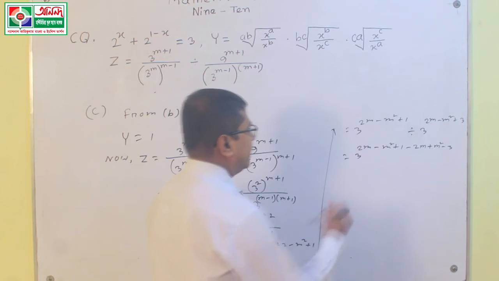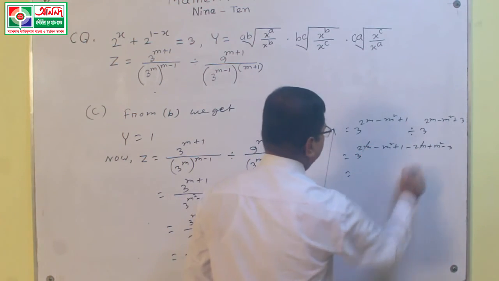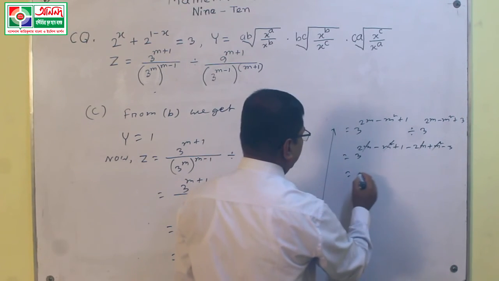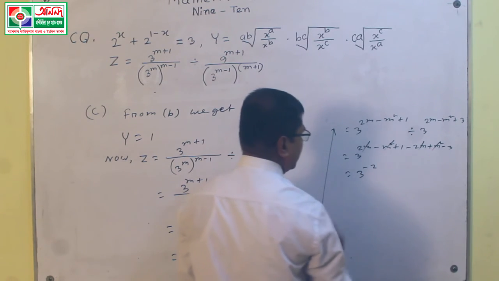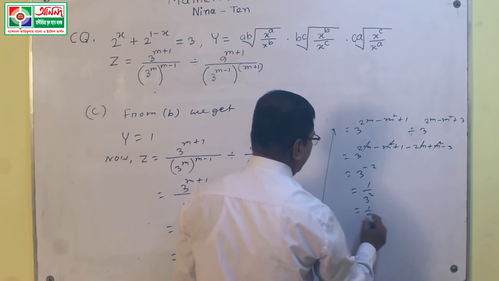Now we can write here, look at 2m plus 2m and minus 2m we can subtract it, and plus m square and minus m square we can subtract it. Here we can write 3 to the power plus 1 minus 3, 3 inverse 2. 3 inverse 2 means 1 by 3 square, so you can write here 1 by 9.